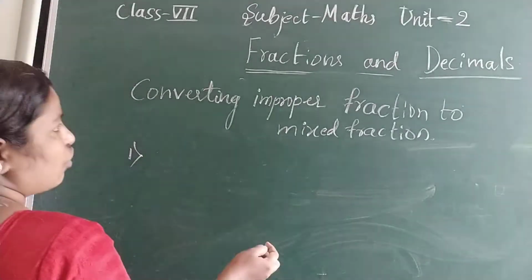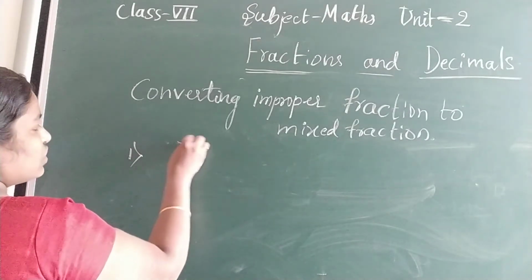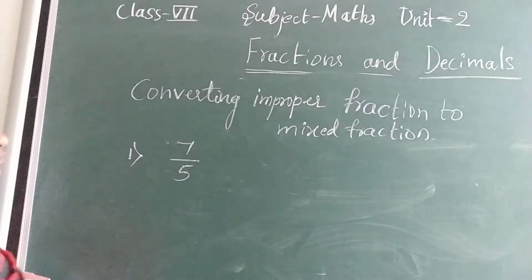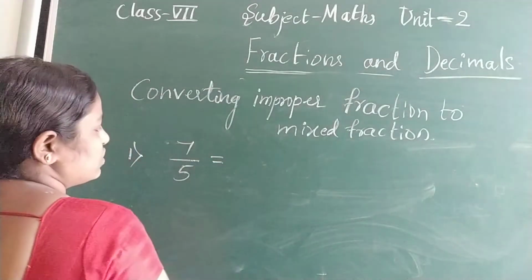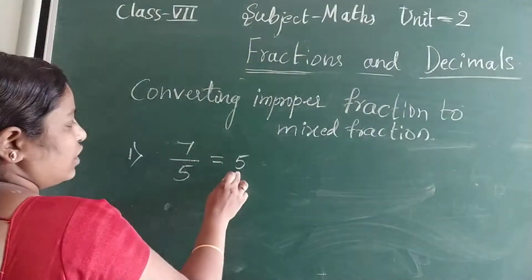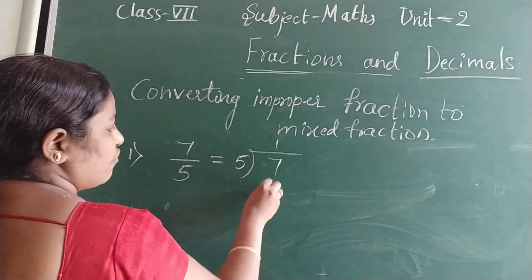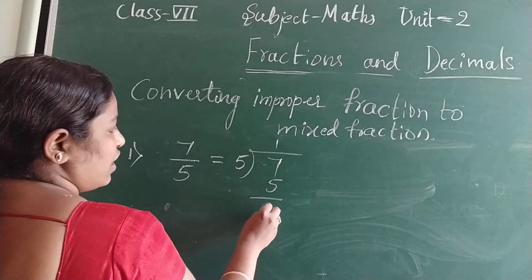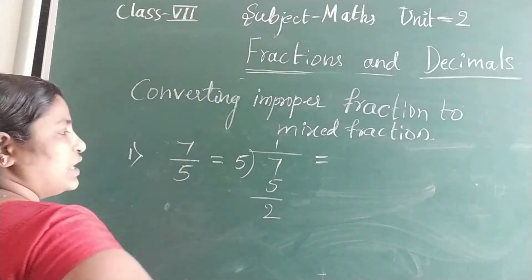For this there is no general formula, so I'll take one improper fraction, 7 by 5. The numerator is greater than the denominator. This we should express as a mixed fraction. How can we do this? We should divide the numerator by the denominator. 5 ones are 5, 7 minus 5 is 2.